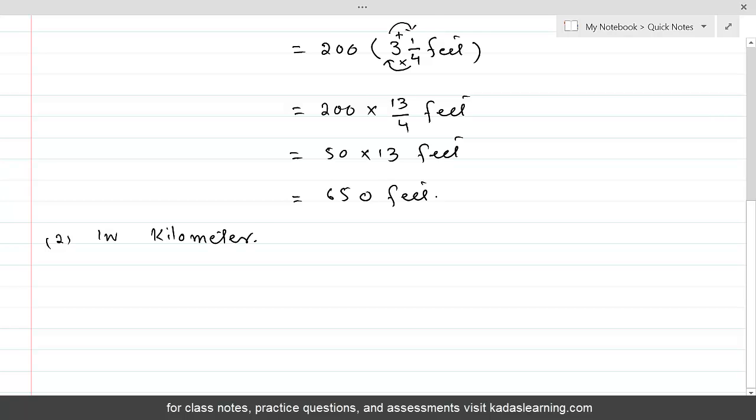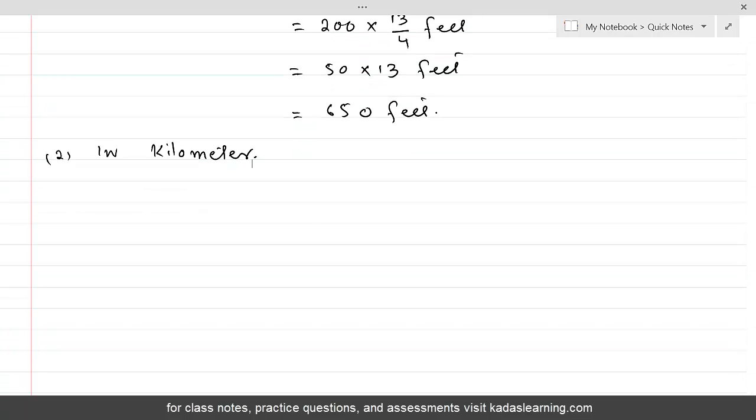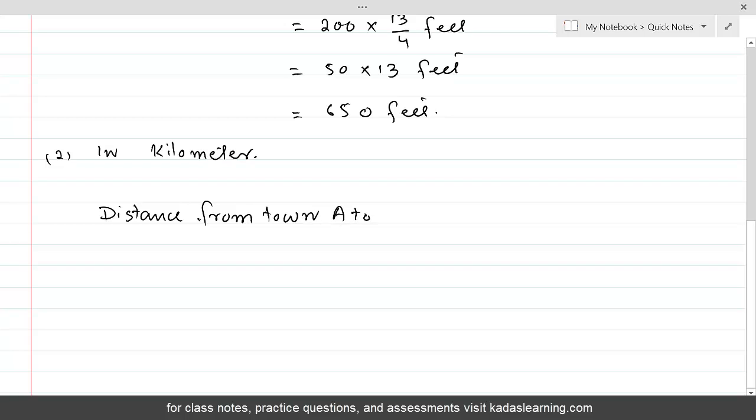So the distance from town A to B is equal to 98 kilometers. We don't need to convert it because it's already in kilometers.